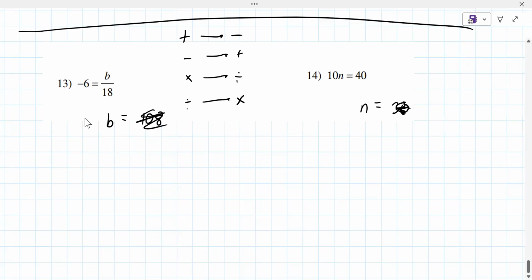You're really close on the first one here. Number 13, do you have a new answer for me? No, but I did 14. Okay, what is 14? N equals 4. Yes. Now, you're multiplying both sides by 18.